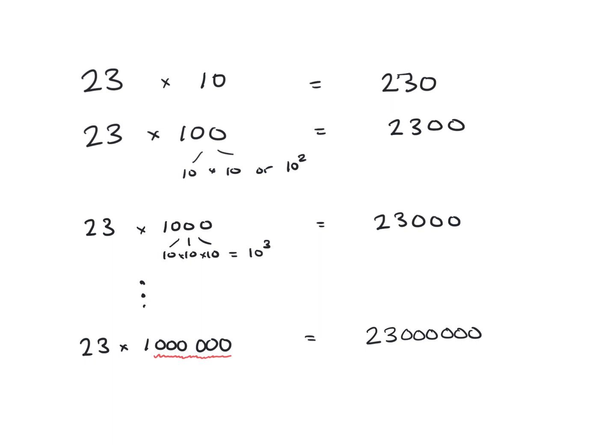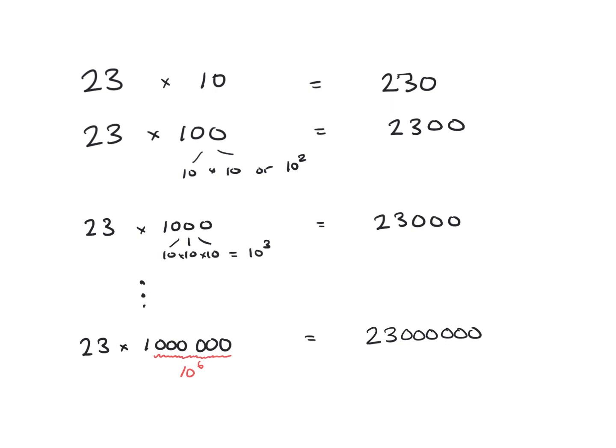What's another way to express 1 million? Well, you can actually express it as 10 times 10 times 10 times 10 times 10 times 10. Because there are 6 zeros in a million, it's actually the number 10 multiplied by itself, 6 copies of it multiplied together. So we can express that as 10 to the exponent of 6.